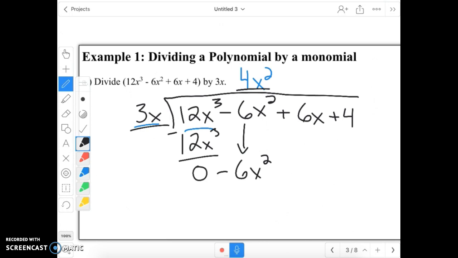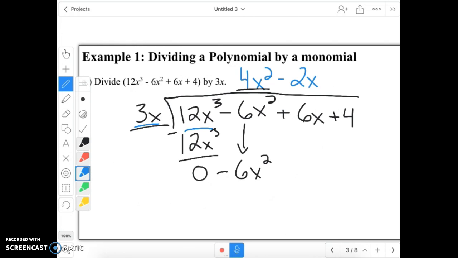Now, again, I ask myself, if I have 3x, what would I multiply by in order to get negative 6x squared? So that missing piece would be a negative 2x.